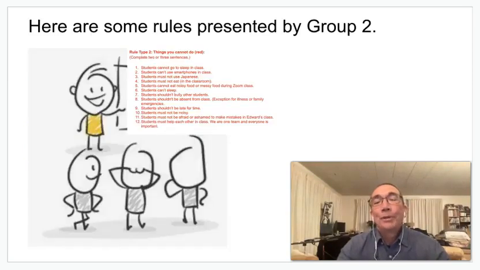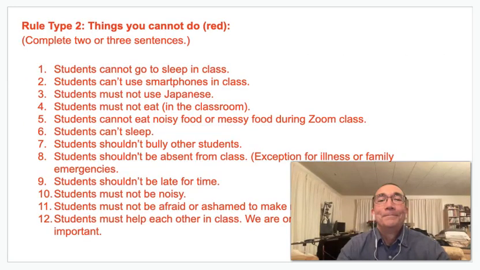Here are some rules presented by Group 2. So again, some great rules. Number 2 says students can't use smartphones in class. Number 3 says students must not use Japanese. I like that. Number 6 says students can't sleep.